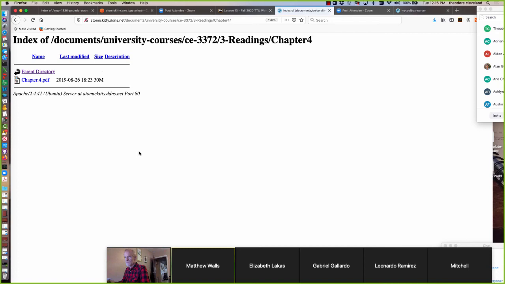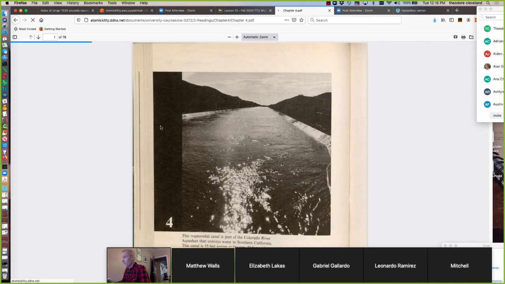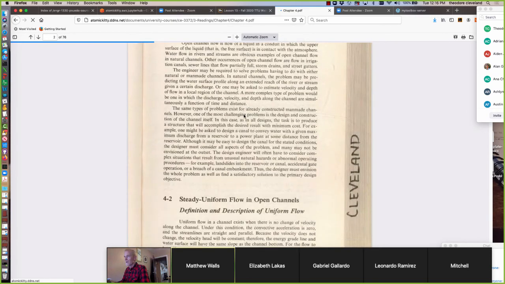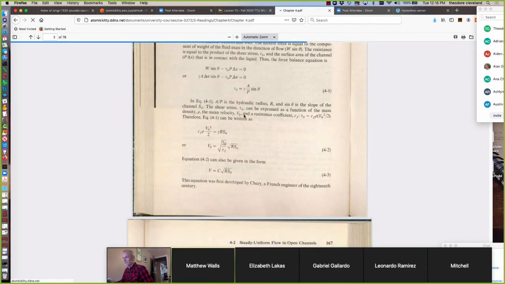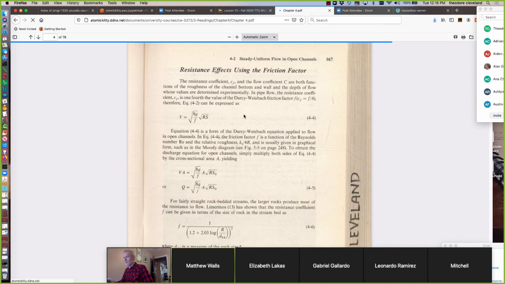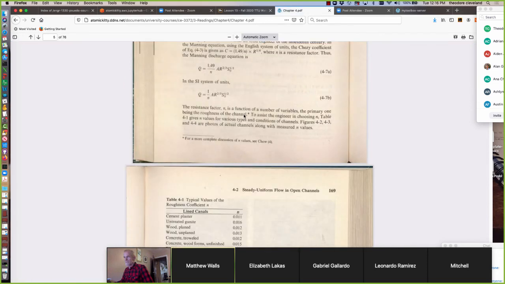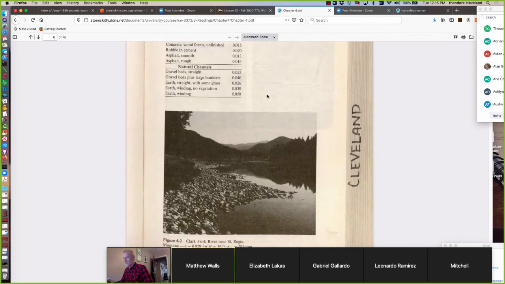The next one is an entire chapter out of an old book. You can tell it's old by the sepia-looking page color, and it too goes through most of the definitional work that we just summarized in the presentation, and gets to Manning's equation quite quickly.